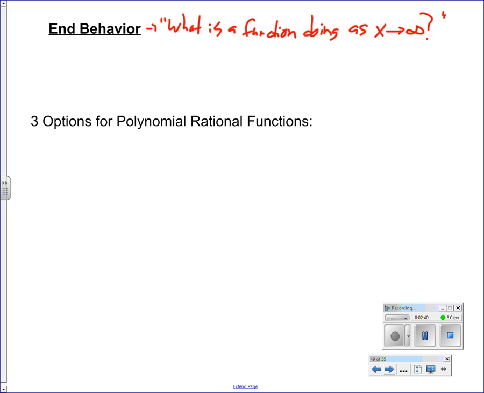So for a polynomial rational function, there's three options we have. One of the options we could have is a horizontal asymptote at y equals 0. So get closer and closer to the x-axis as x goes to infinity.